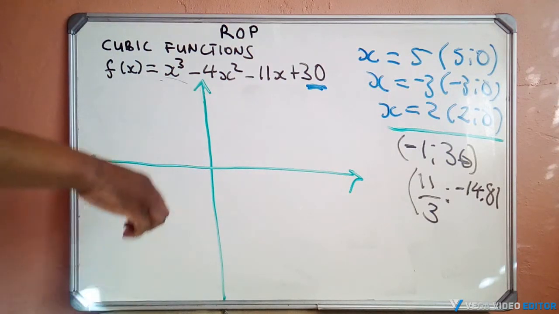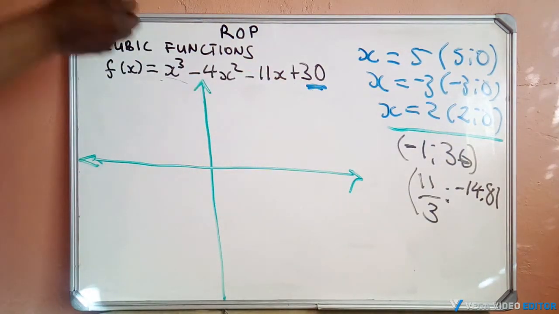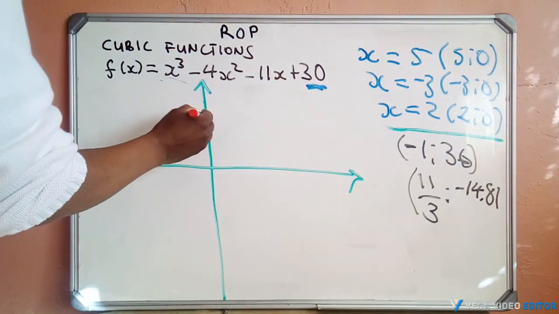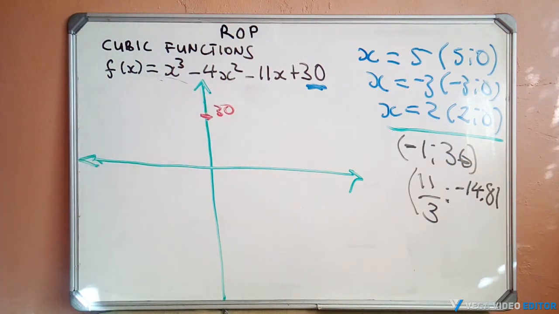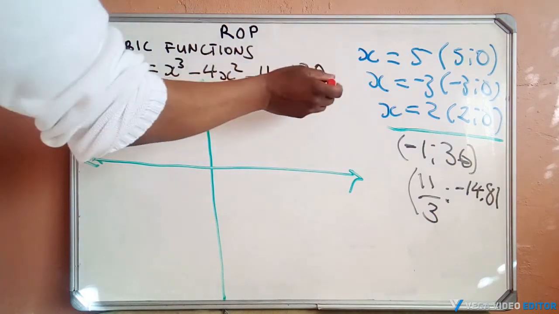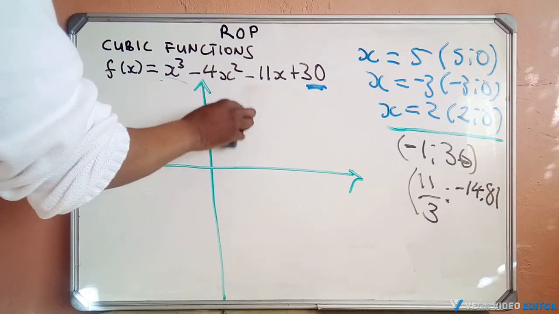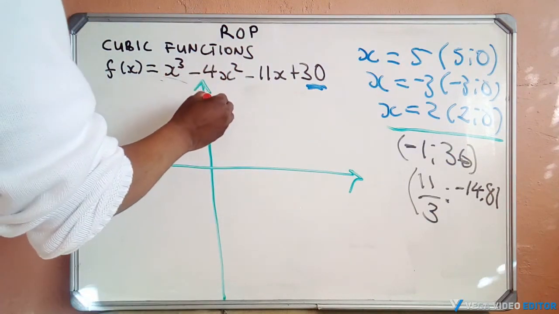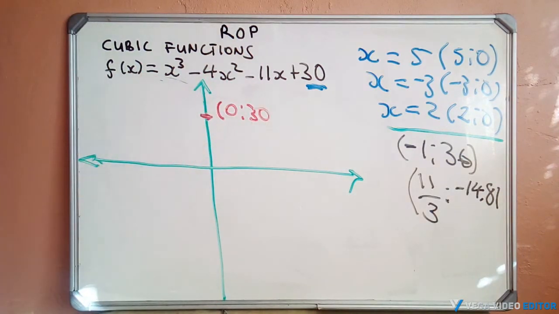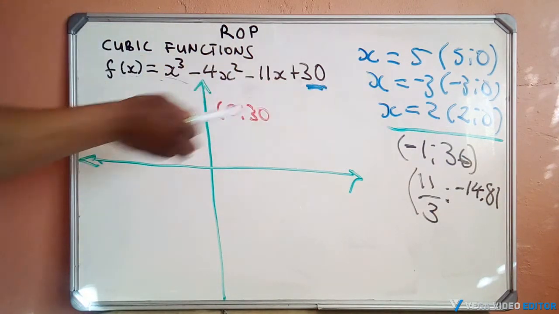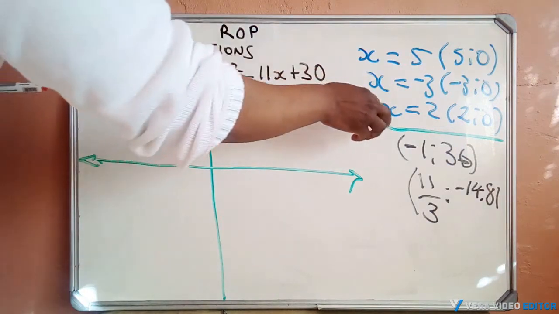Right, points to note on that. We know that this 30 right here is our y-intercept. So the coordinates for that are going to be 0 and 30, which is this first one. And then we need to find the other points.